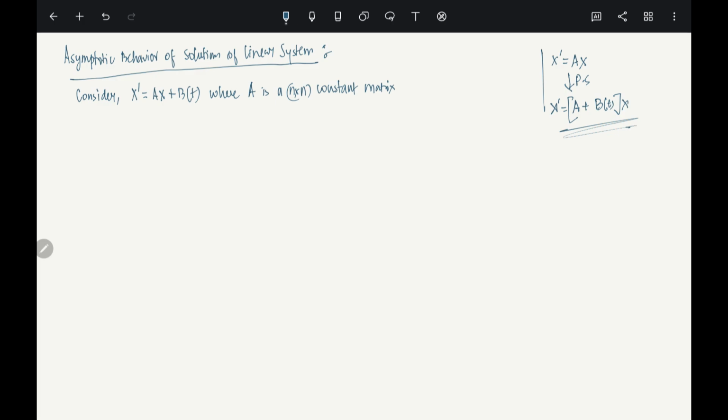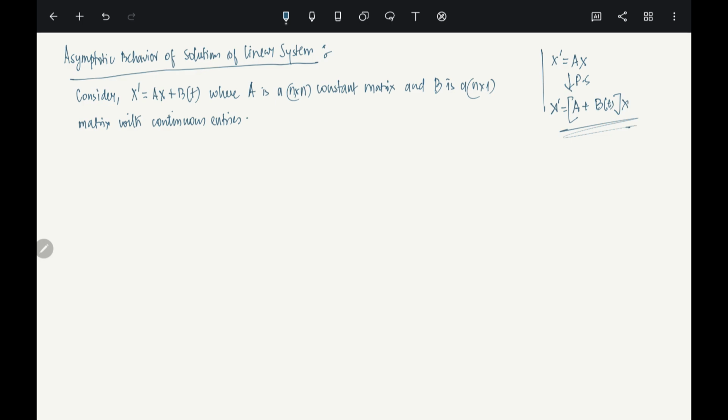Is this okay? And here we'll assume b is an n cross 1 matrix with continuous entries. So this is assumed, clear?